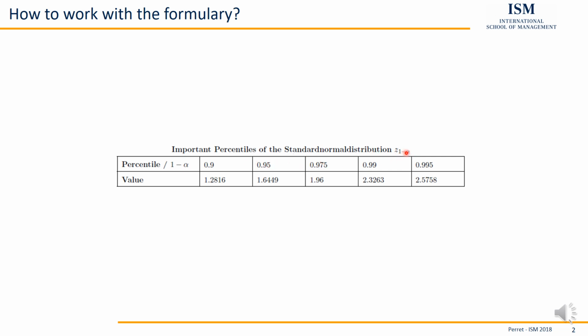So if alpha is 5%, you get this part here. If alpha is 2.5%, you would get this one. In this regard, I just wrote here that 1 minus alpha. Of course, if you have 1 minus alpha half and an alpha of 5%, this also gives you z 0.975.